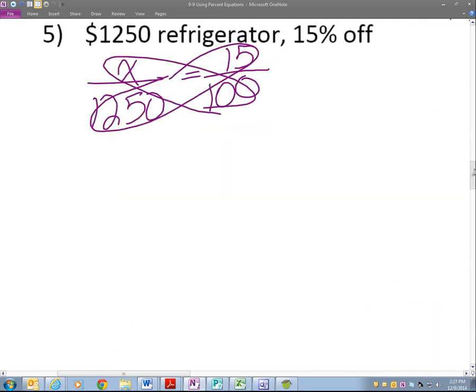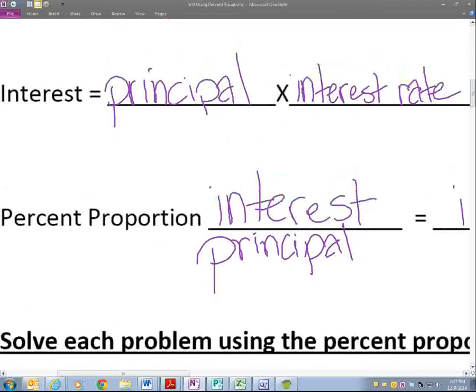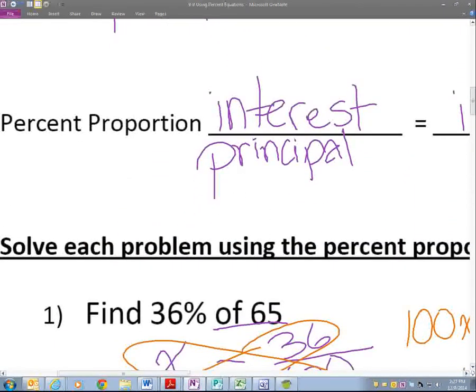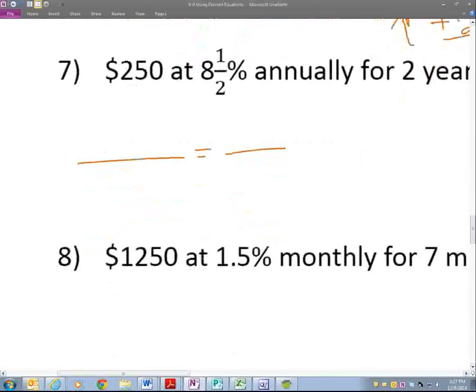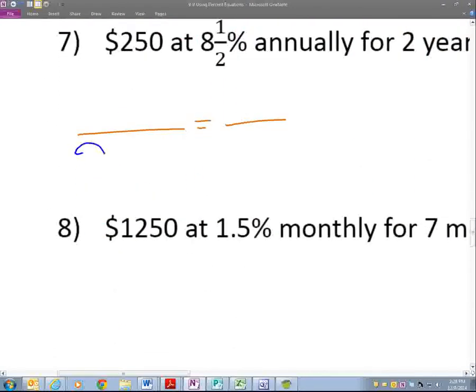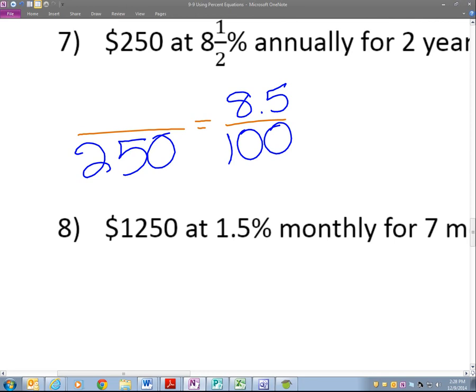Because if I zoomed up in our notes, I would see right here, the principal goes here. The rate goes on the upper right, and 100 is always going to be here again, which makes this be our x.